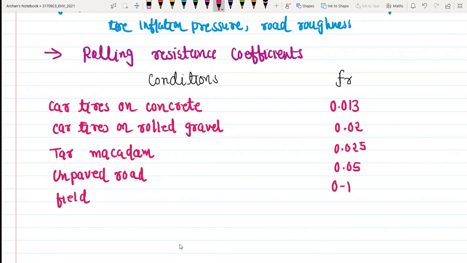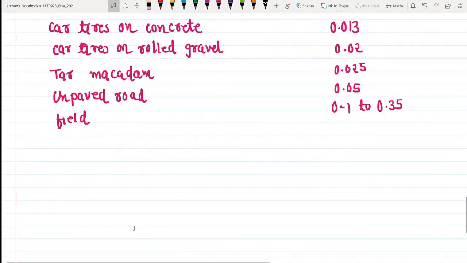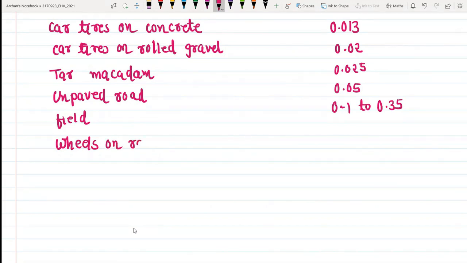In the field, it will be from 0.1 to 0.35. And suppose we are talking about rails, wheels on rail, at that time the rolling resistance coefficient is 0.001 to 0.002.